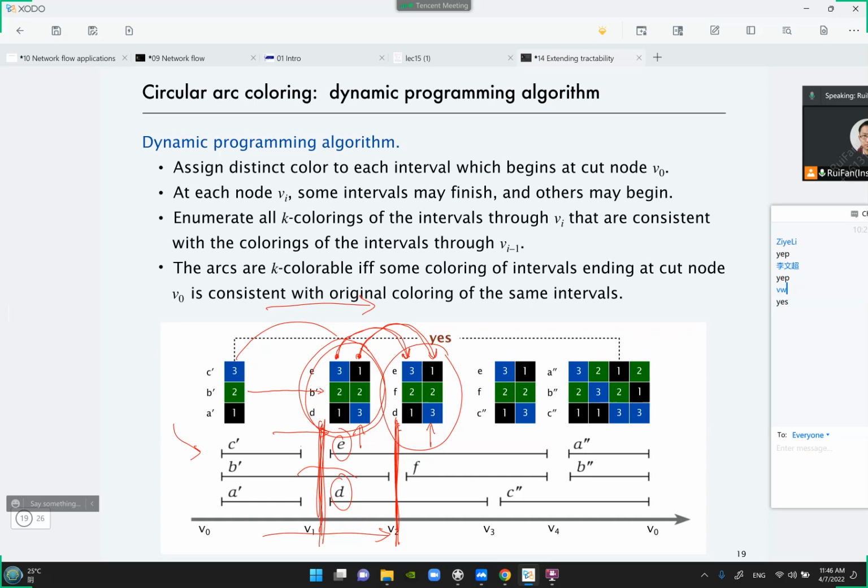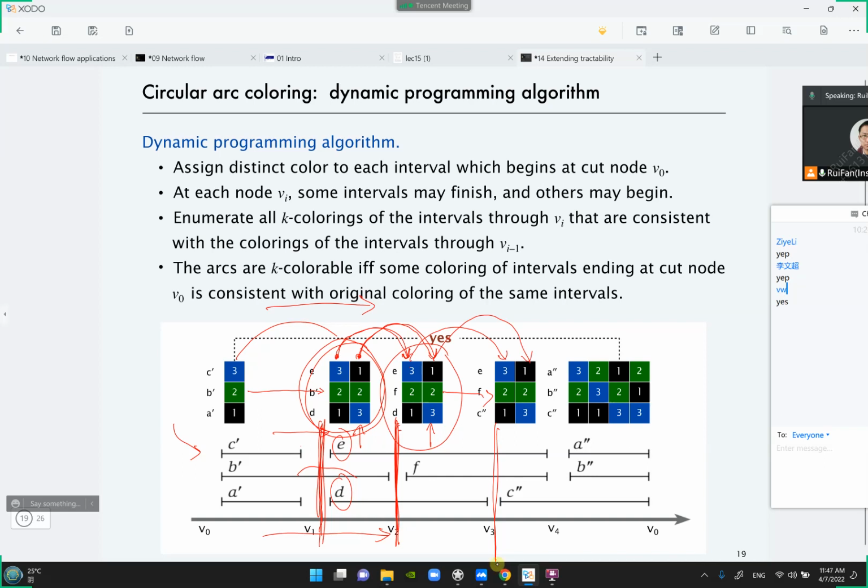If you keep going with this, then over here, because F continues through this time point, we need to have the same color for F. E also continues, but D ends and C double prime starts. So this coloring is compatible with this coloring, and this coloring is compatible with that coloring.